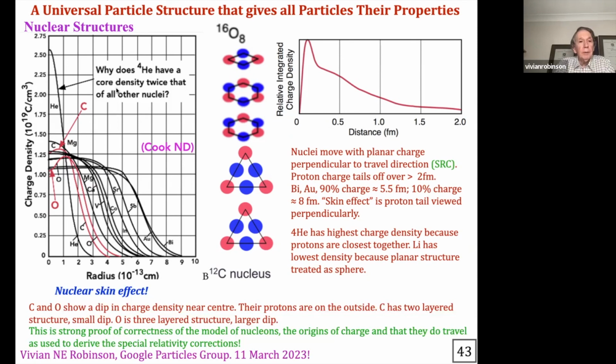Another one that's perhaps worth a quick look at, I'll show here, carbon and oxygen. You'll find there that they go to a maximum and then they just dip down a bit. Now, if you have a look here at the carbon structure, you've got 3, because remember, it has an equilateral triangular prism shape. You have these 2 layers on top of each other, all the charges on the outside.